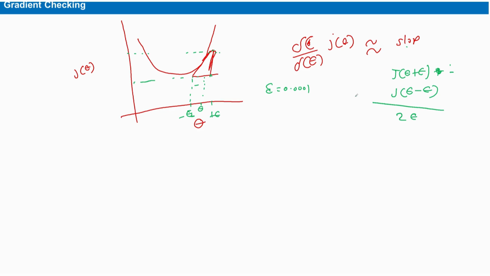When the derivative of the cost function for this theta is closely equal to the slope, only then can we say that our backpropagation from scratch is accurately implemented.